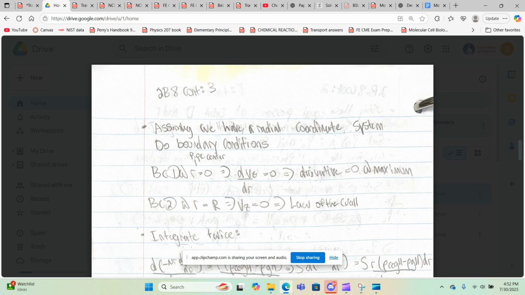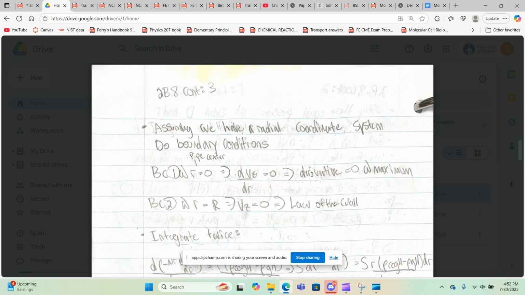So at the location that's farthest away from those boundary conditions where the velocity is 0, that's where the velocity is going to be at the max.